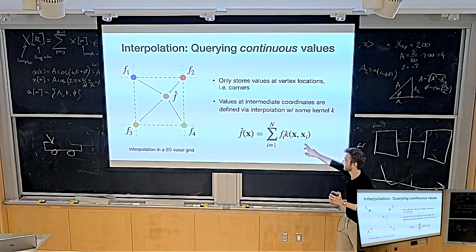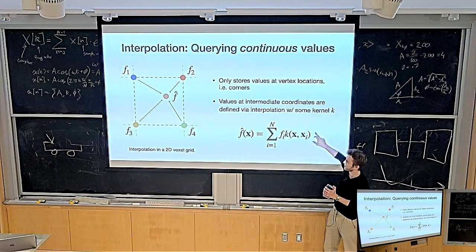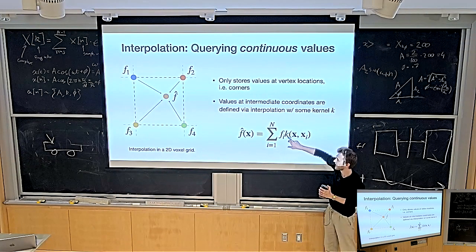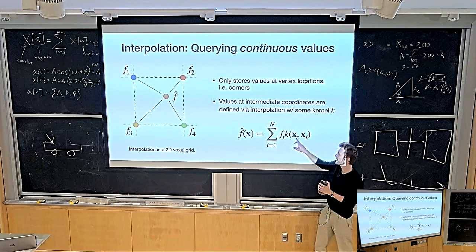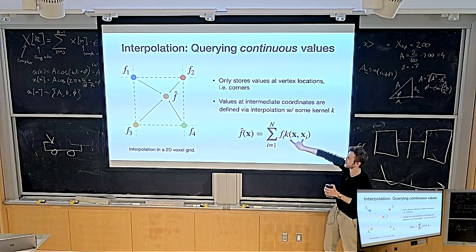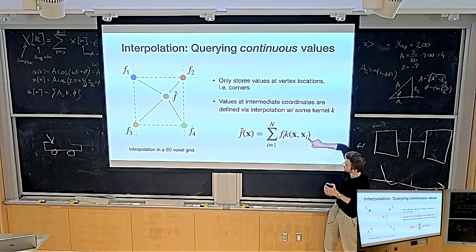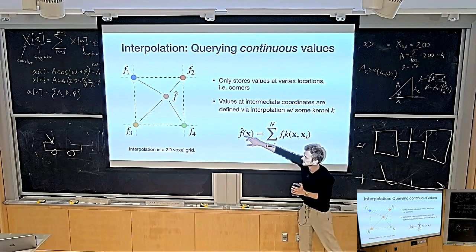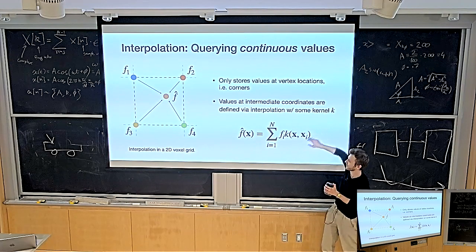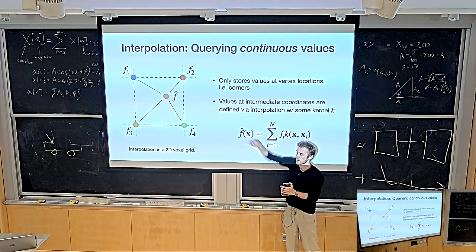The values that lie on the four corners of the grid might be written like this. You have k, which is like a distance function. You take the x coordinate where you want to query it, and xi are the locations of the four corners. And k gives you, for instance, the distance. And then the value at this continuous location is basically an interpolation, according to this kernel function, of the four values that are on the corners.